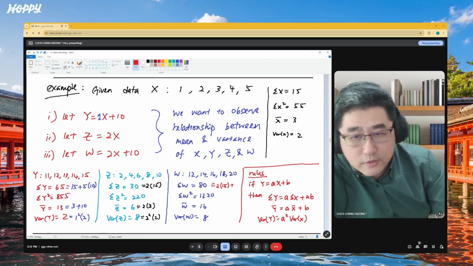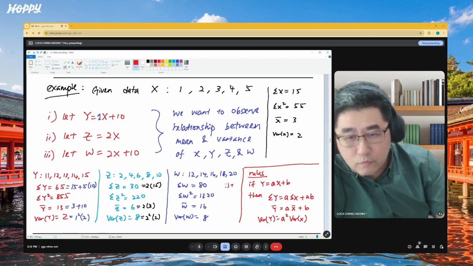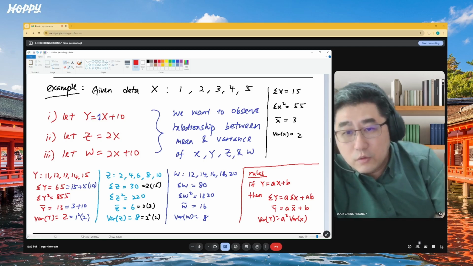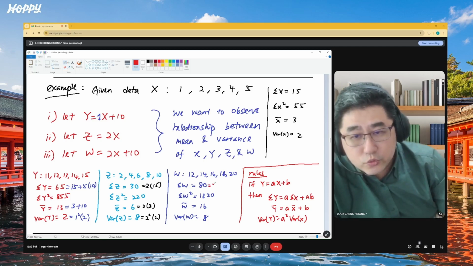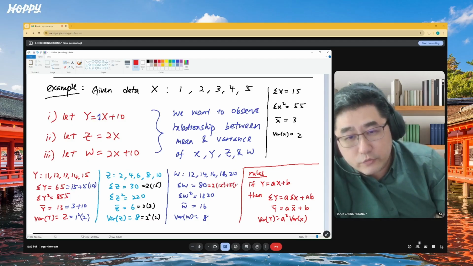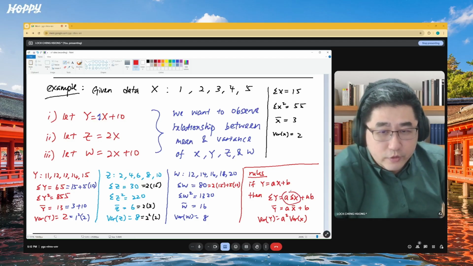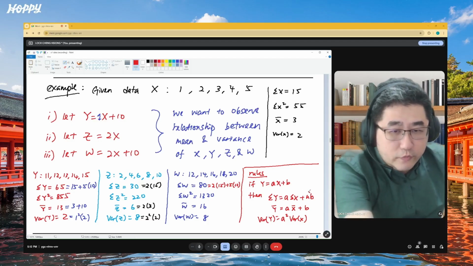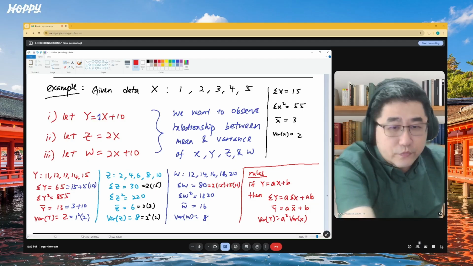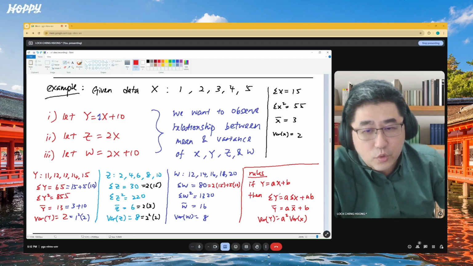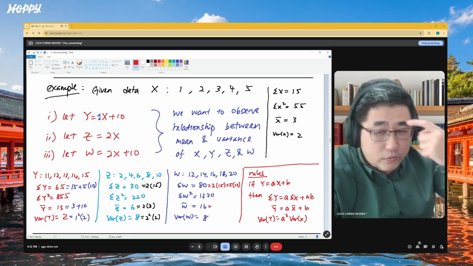I write them nicely. Okay, equals to 2 times of 15 plus 5 times of 10. So 2 times of 15 plus 5 times of 10. Then the w, let's see what is the w.